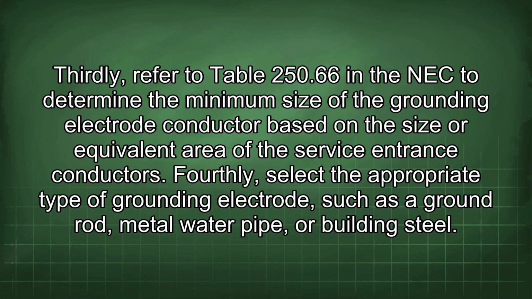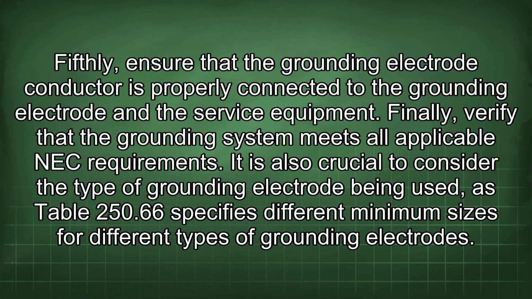Fourthly, select the appropriate type of grounding electrode, such as a ground rod, metal water pipe, or building steel. Fifthly, ensure that the grounding electrode conductor is properly connected to the grounding electrode in the service equipment. Finally, verify that the grounding system meets all applicable NEC requirements.